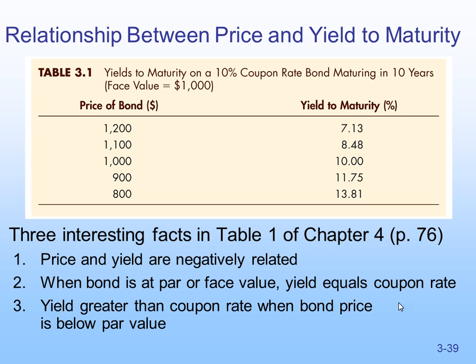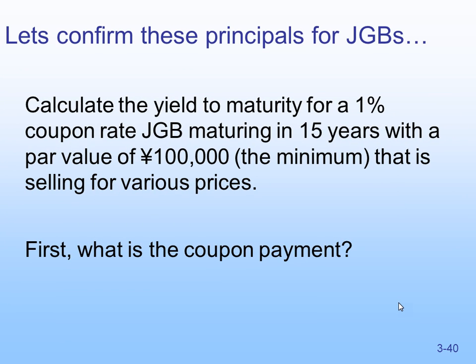Now let's confirm these principles by looking at JGBs, okay? I think you may need a bond calculator to do this one. So calculate the yield to maturity, and I made it low. It's 1%. We're in Japan after all, okay? A 1% coupon rate JGB. It matures in 15 years.